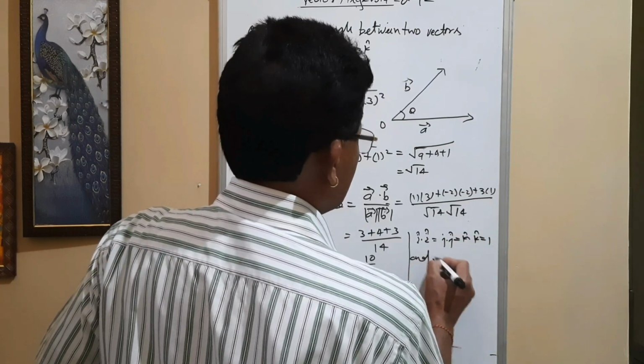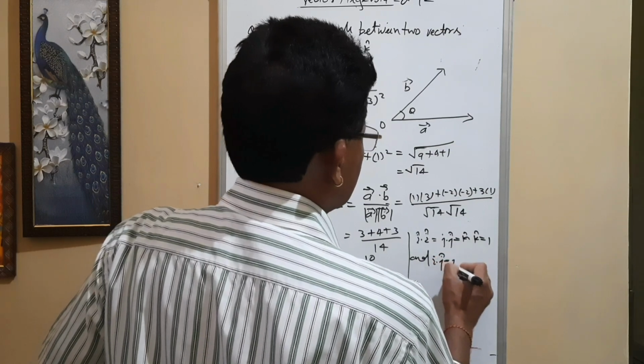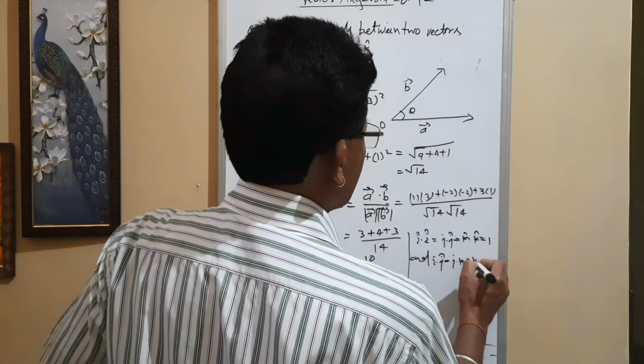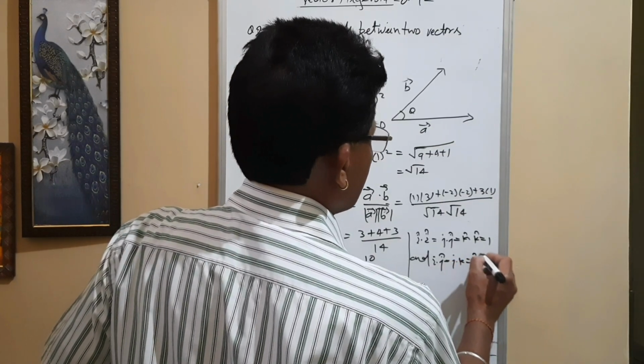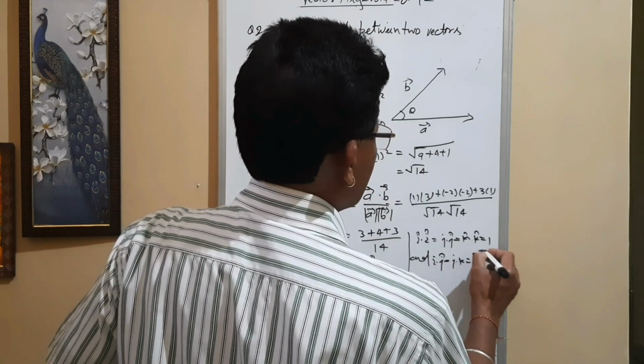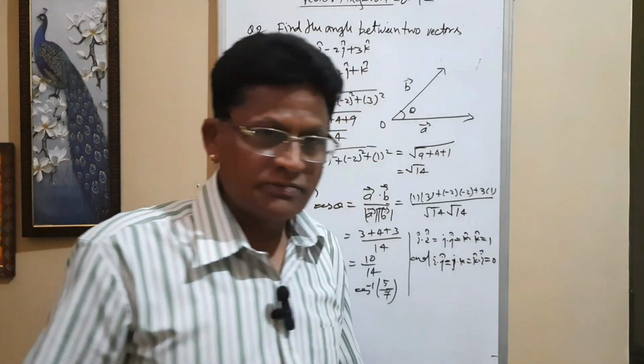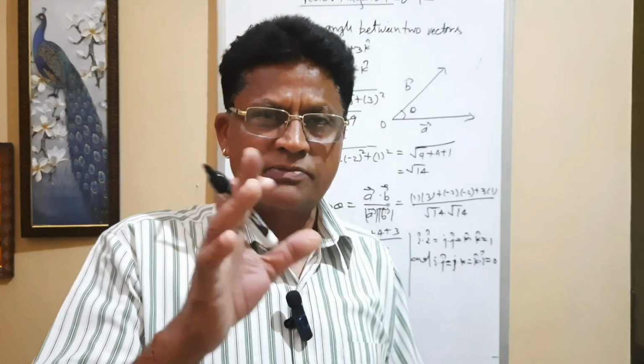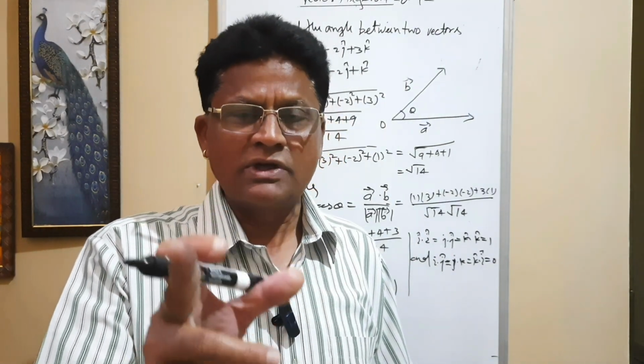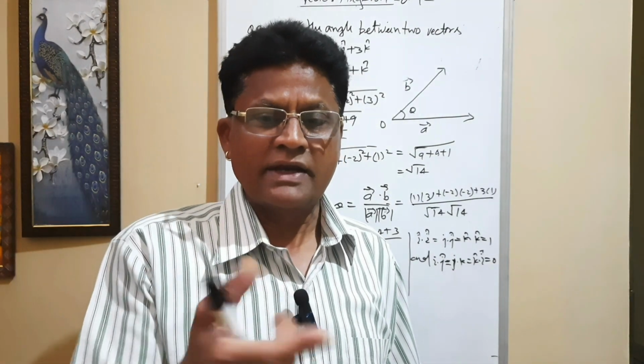Second thing, i dot j, j dot k or k dot i, it will be equal to 0, because these are perpendicular. As per the condition, if the dot product of two vectors, whether they are unit vectors, is equal to 0, the vectors will be perpendicular.